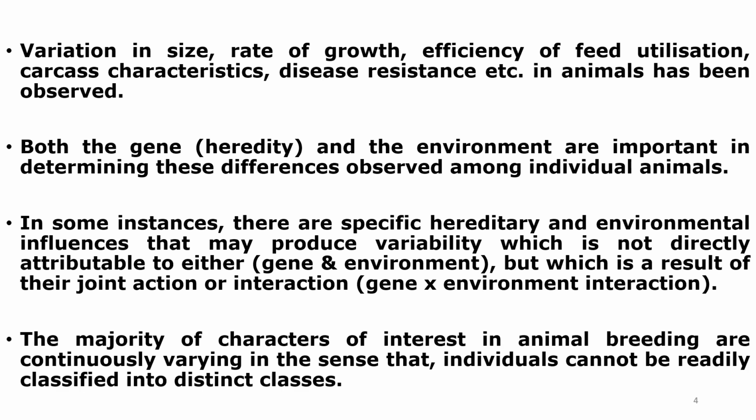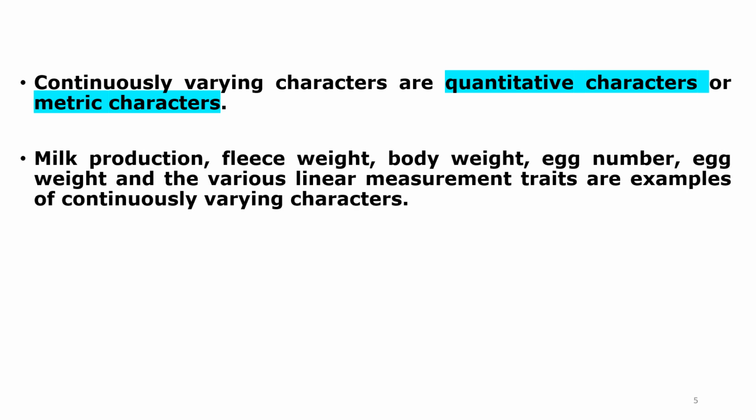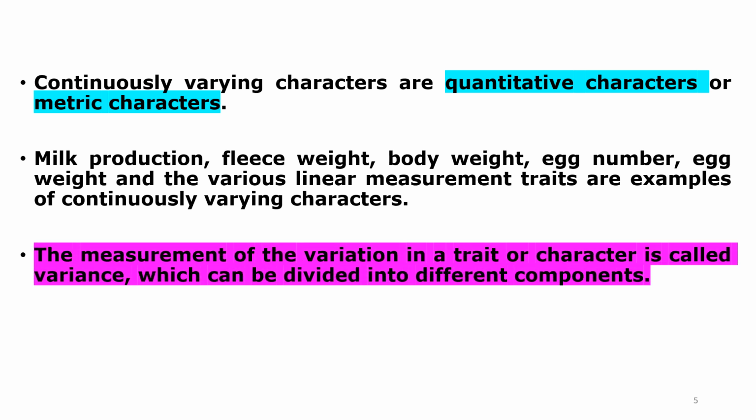The majority of characters in animal breeding are continuously changing, in the sense that individuals cannot be easily classified into distinct classes. So continuously varying characters are usually known as quantitative characters or metric characters, and examples are as shown: milk production, fleece weight, body weight, egg number, body length, and many others.